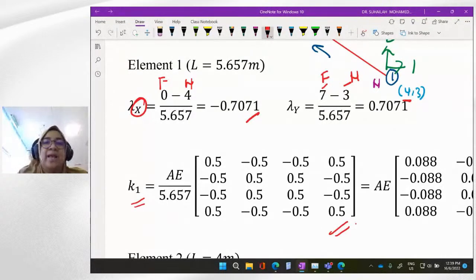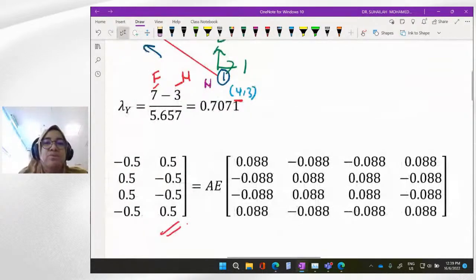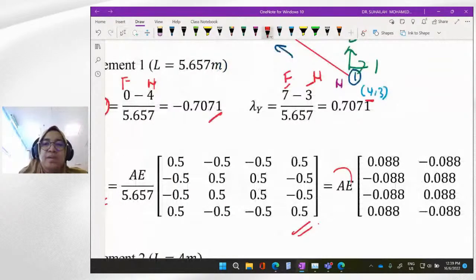Then we have to simplify, because AE is a constant while the length is not constant.